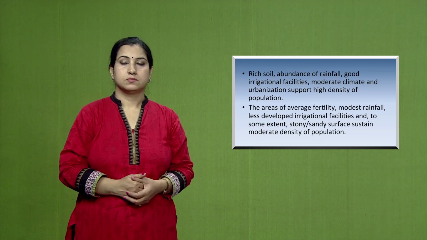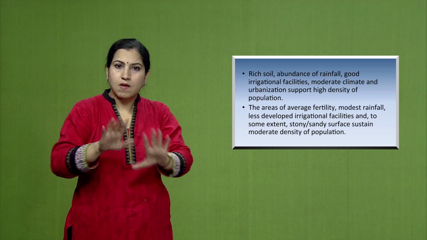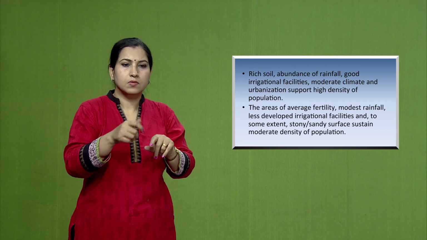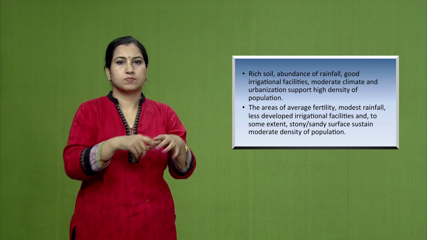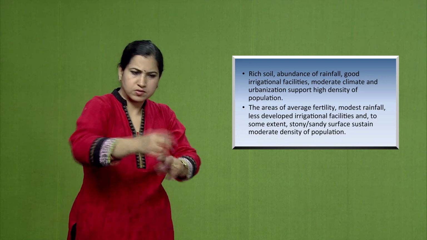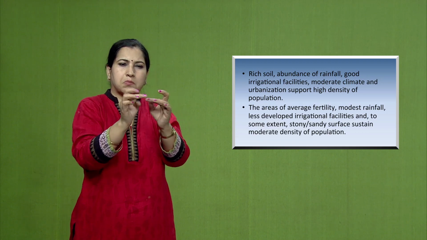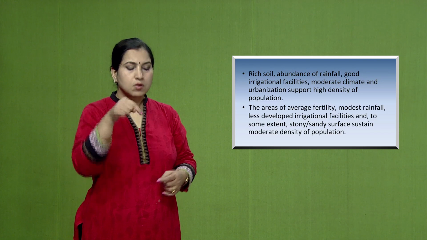The areas of average fertility, modest rainfall, less developed irrigation facilities, and to some extent stony or sandy surface sustain moderate density of population. We will be dealing with these factors later.